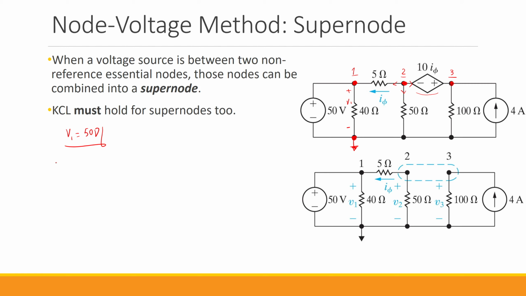For KCL at node 2, we have V2 minus V1 over 5 plus V2 over 50 plus, what is the current that goes through this current controlled voltage source? Do we have any equation that gives us the current for this voltage source?